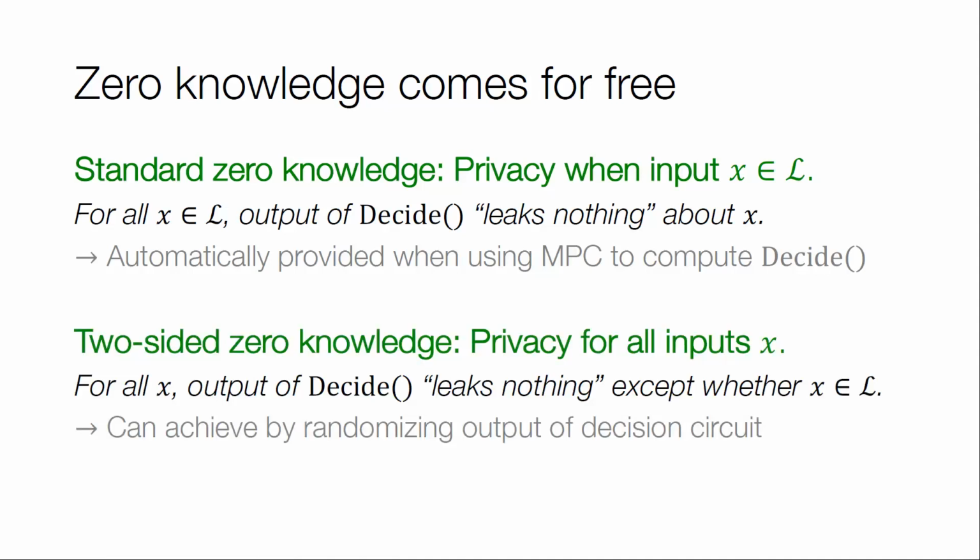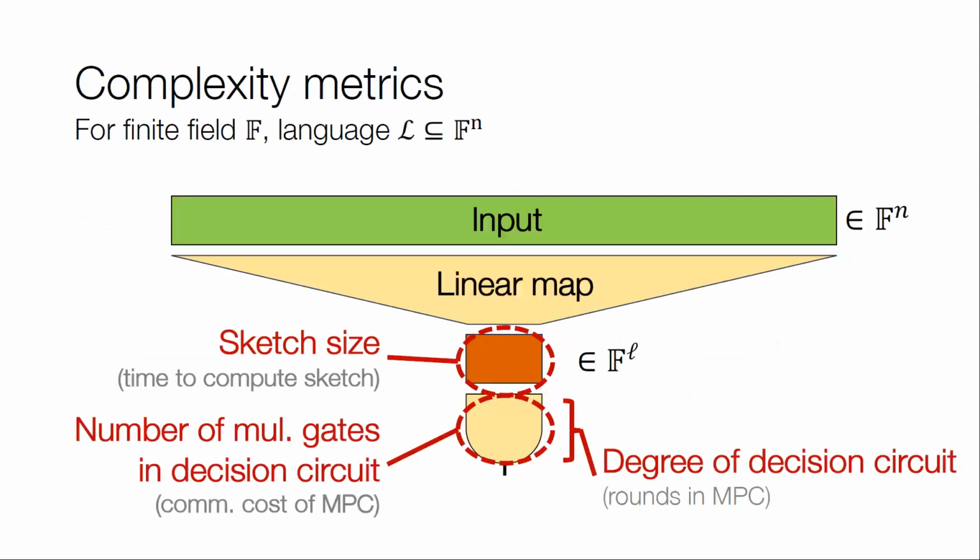We can even get a stronger notion of privacy, what we call two-sided zero-knowledge, which is that whether X is in the language or not, the only thing that leaks is the single bit of whether X is in the language. You can do that once you have an arithmetic sketch just by randomizing the output of the sketching scheme. So privacy, completeness, and soundness all follow pretty naturally once you have an arithmetic sketch.